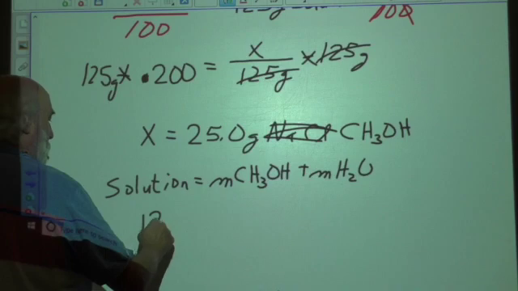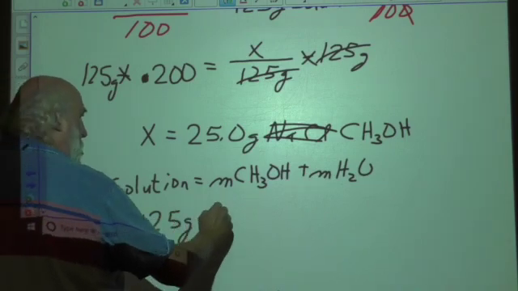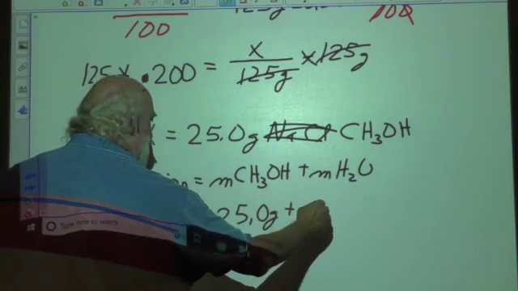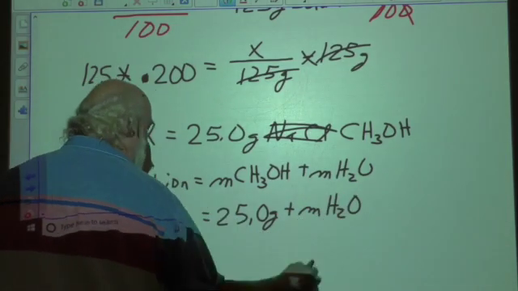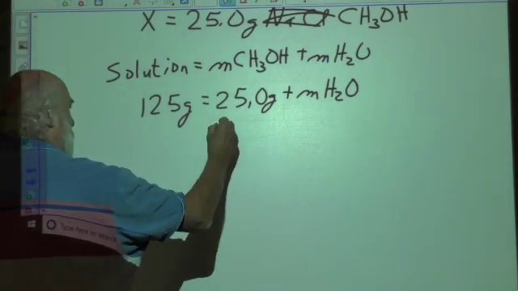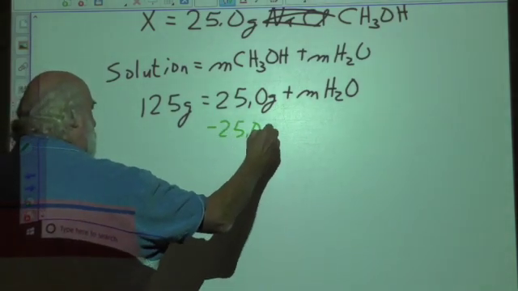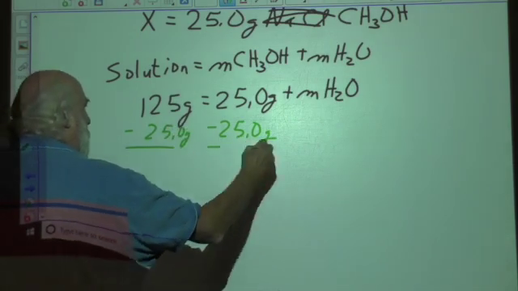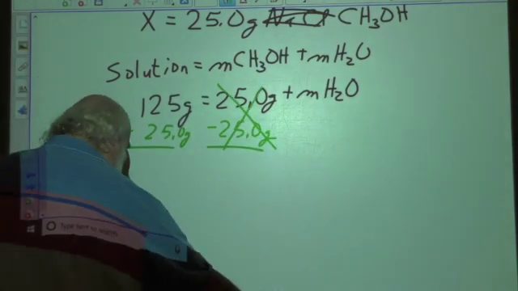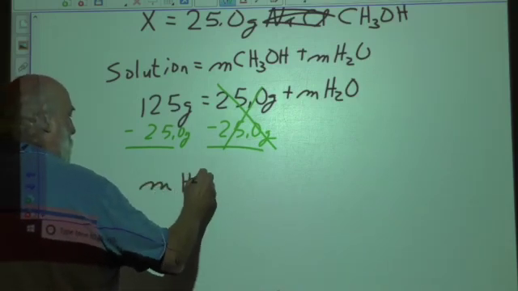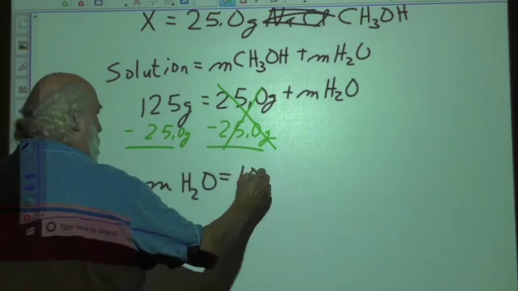So this is 125 grams equals 25.0 grams of this plus the mass of the H2O. Then we move this over by subtracting 25 from both sides. Cancels out. And the mass of the water is equal to 100 grams.